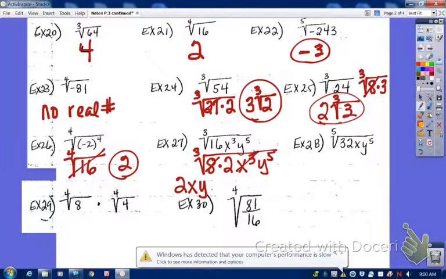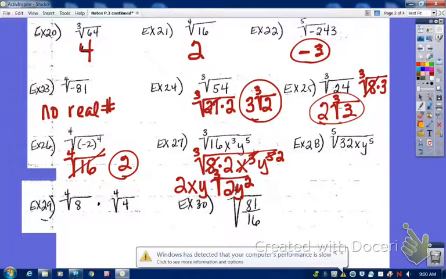Anything left over after 3 goes into 5? Yes. 2. So y to the 2 has to stay under the radical. All right, so 2x is outside, and then you're left with the cube root of what? What have I not marked out? 2y to the 2. 2xy is on the outside, and then I have the cube root of 2y squared underneath.